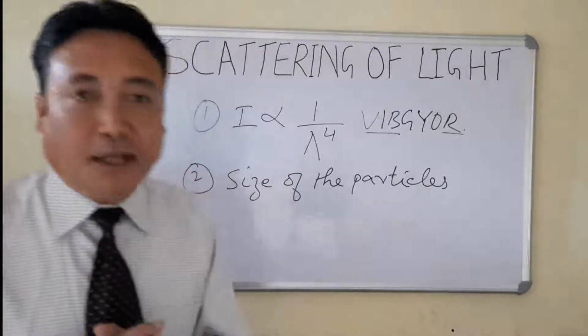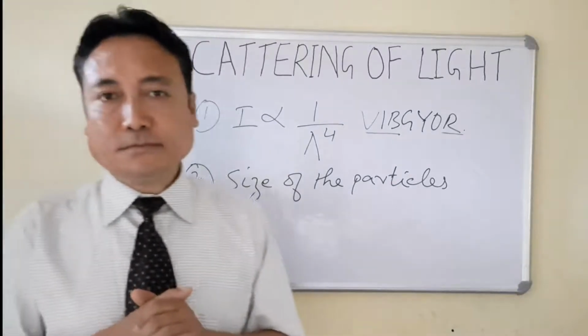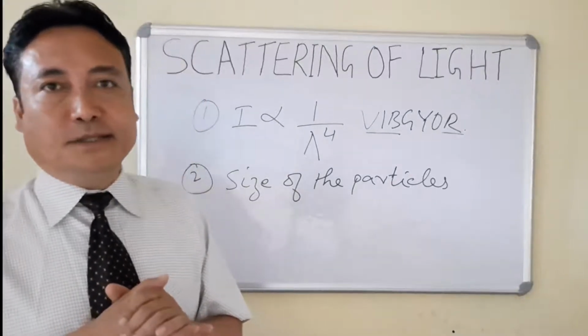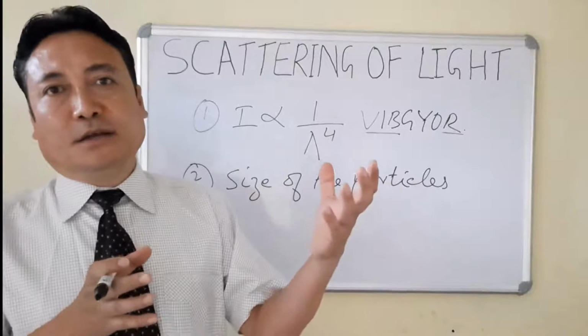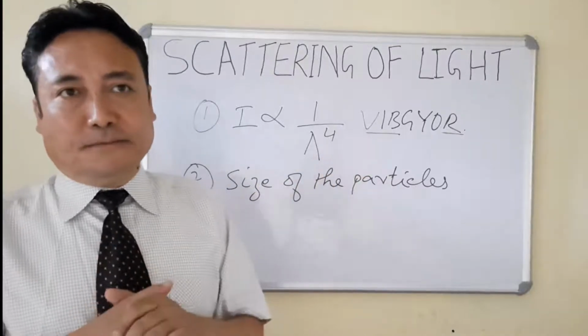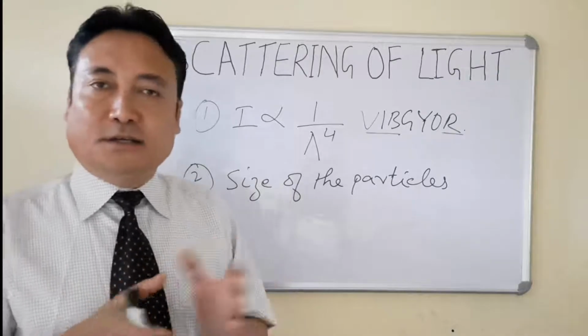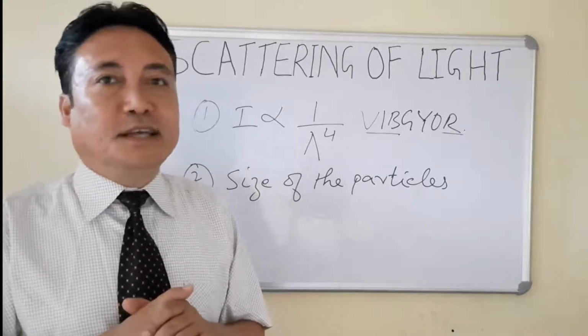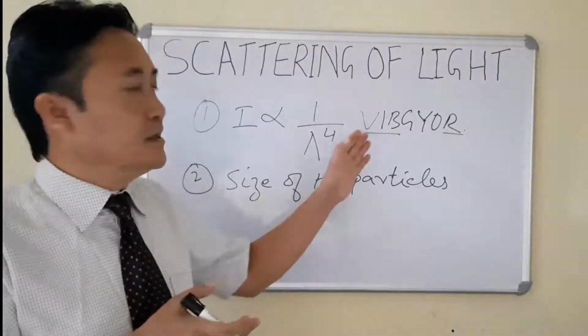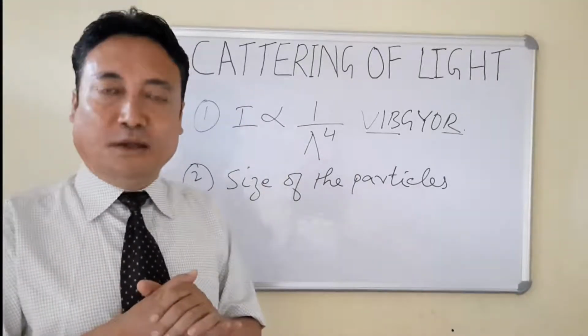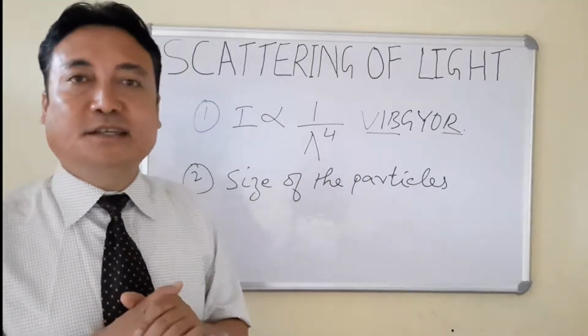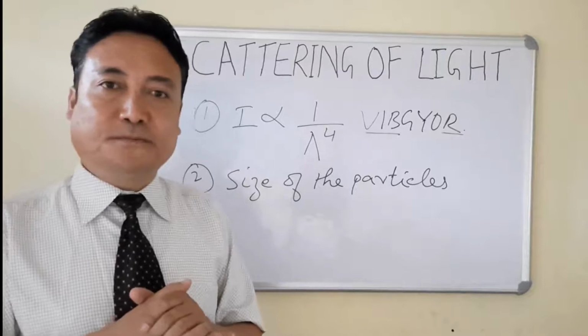The next one is the sun appears yellowish. Now what happens is that the light from the sun, the 7 different colors, almost all the colors get scattered, and especially light having a shorter wavelength gets scattered in the atmosphere.